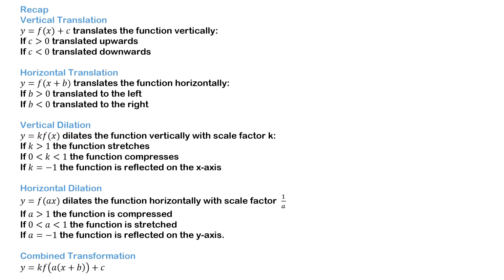If a is greater than 1, the function's compressed. If it's between 0 and 1, the function is stretched. If you have a negative a value, it is reflected on the y-axis. At the bottom of the screen, you can see the combined transformations and where each constant goes.